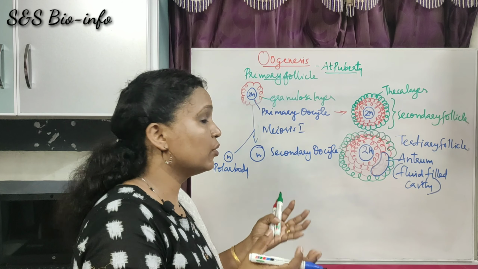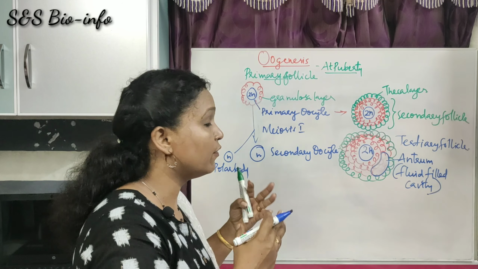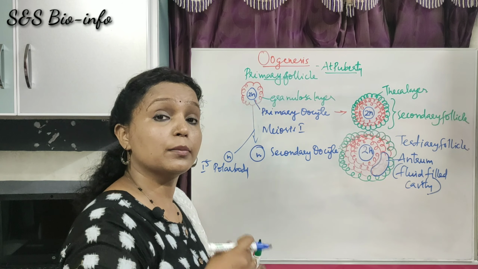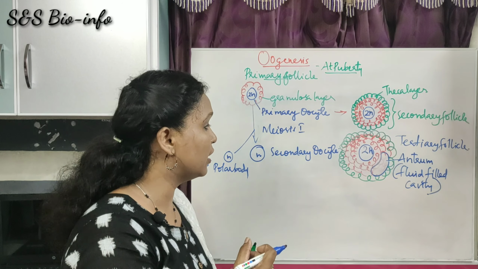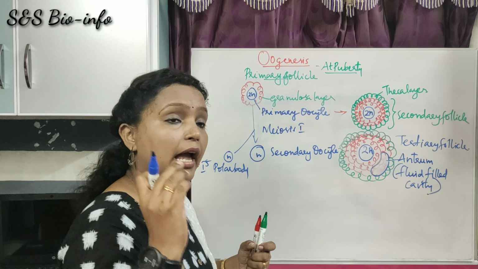Again it undergoes certain changes or differentiation and finally would develop as matured Graafian follicle with a large sized antrum.